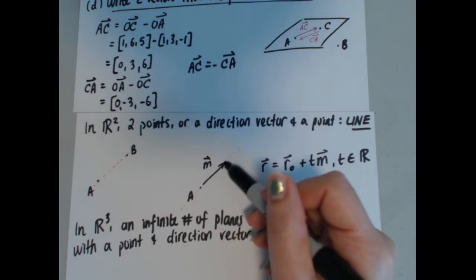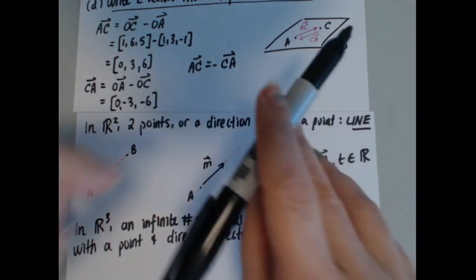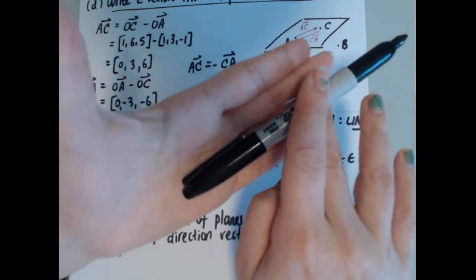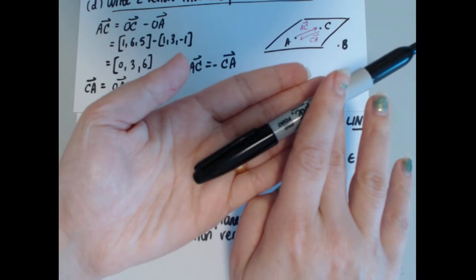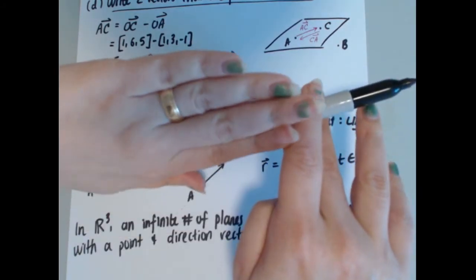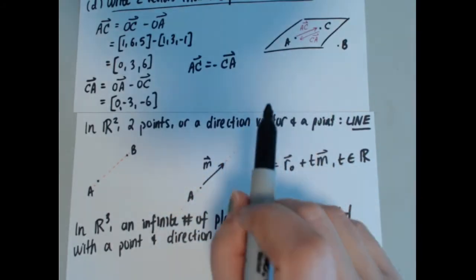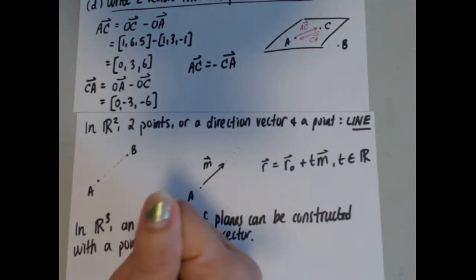If I have a point and a direction vector, my plane, I mean, it can take any orientation that I want. Right? So if you just have a point and a line, you can take a piece of paper and you can orient it any direction. Right? So imagine my hand is a piece of paper. It can be oriented in any direction and still follow that line and the point, which is connected to the line. So you need a little bit more information to specifically define a plane in the third dimension.